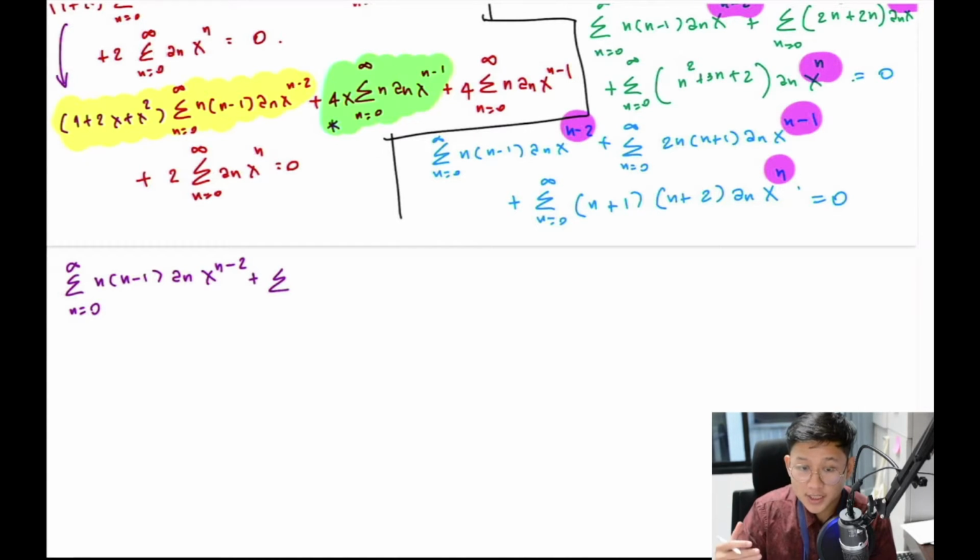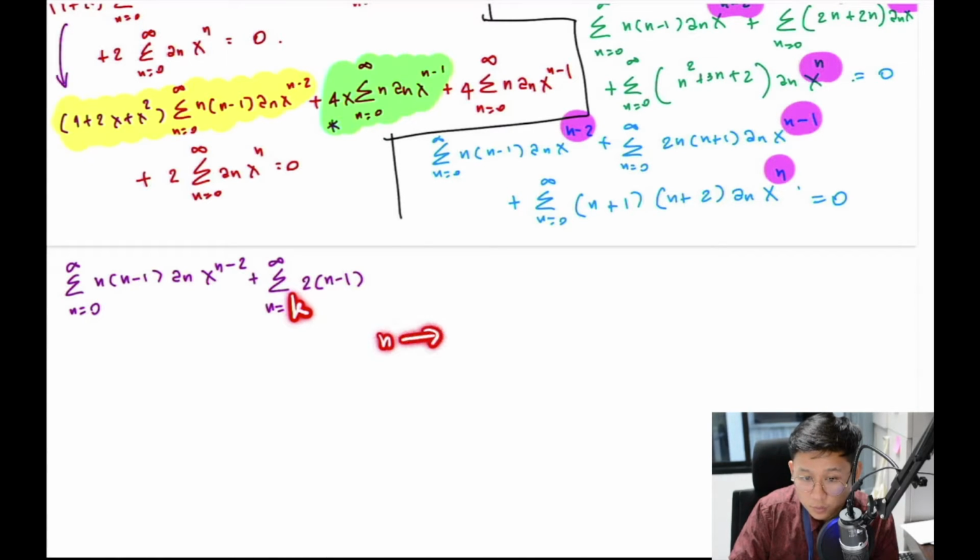If we want to change from n minus 1 to n minus 2, we need to start from n equals 1 to infinity, and we need to substitute n with n minus 1, right? So we substitute n with n minus 1. If we begin n equals k, we substitute n with n minus k.